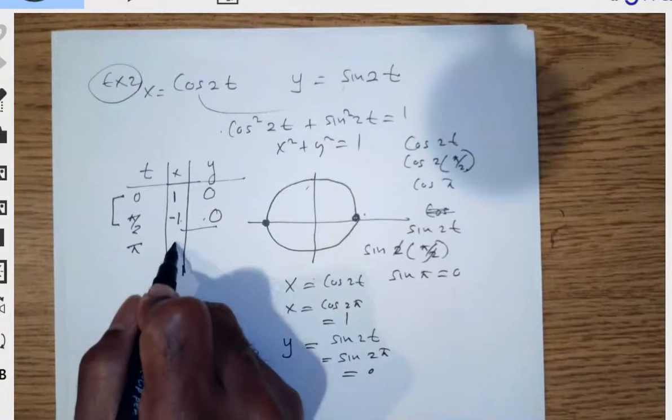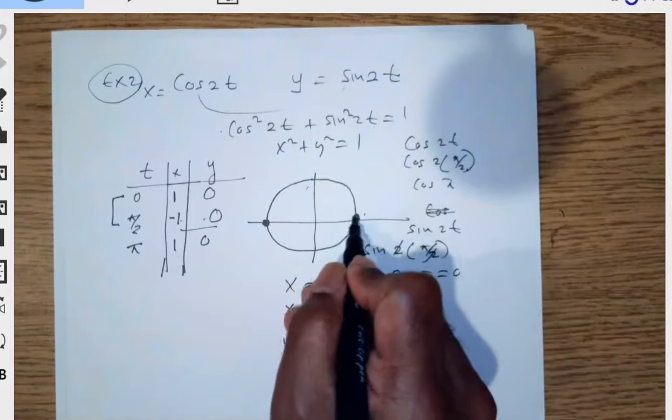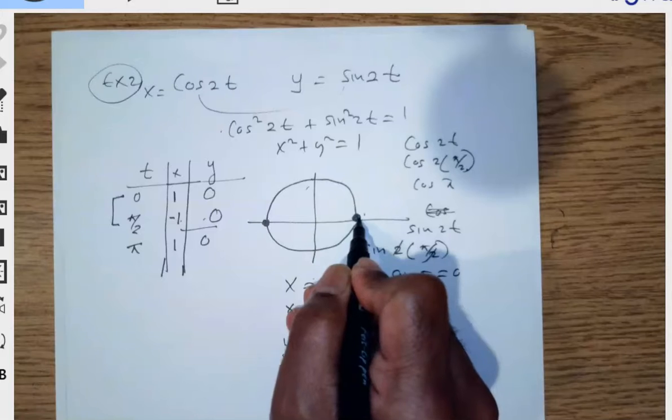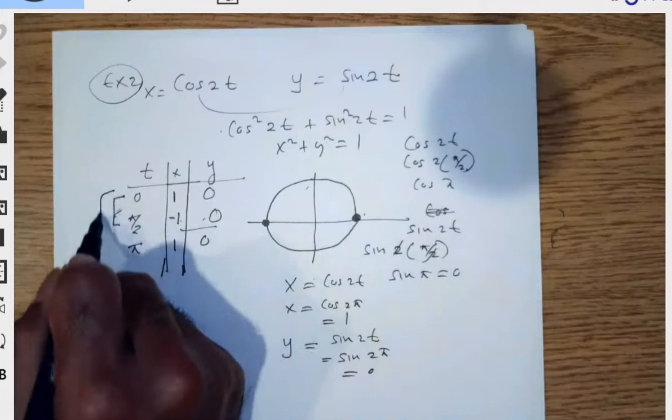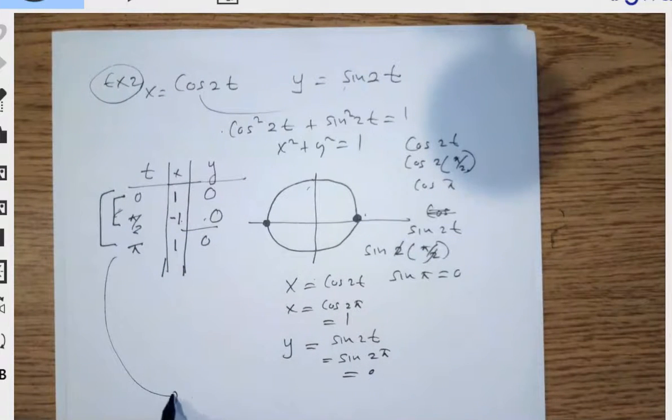So you're already at 1 and 0. You're already here. What I'm trying to say is, let me write that down, when t goes from 0 to pi, we have already done one circle.